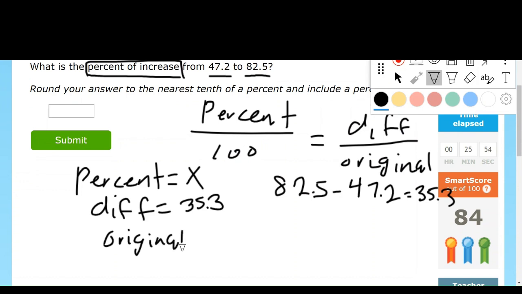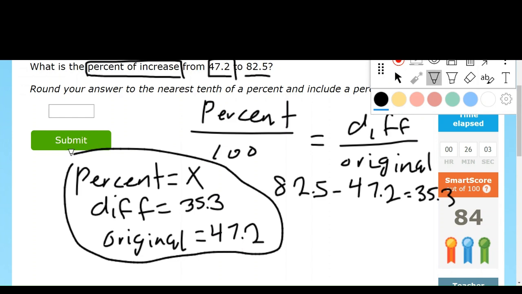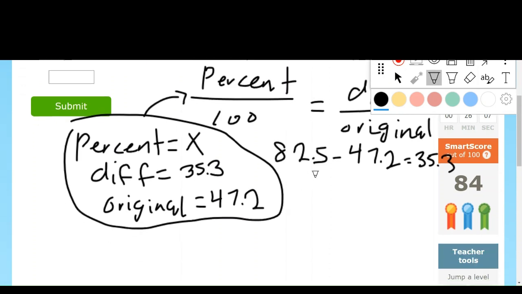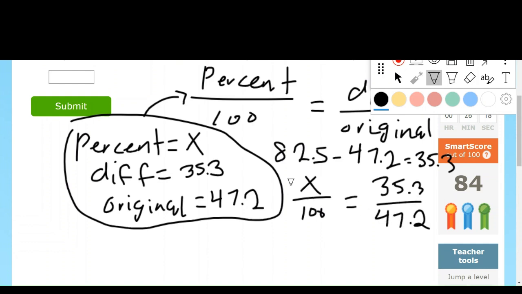Well, it looks like we started with 47.2, so that is our original. Using what we know here, we plug everything into our proportion. So we have x over 100 equals our difference of 35.3 over our original 47.2.